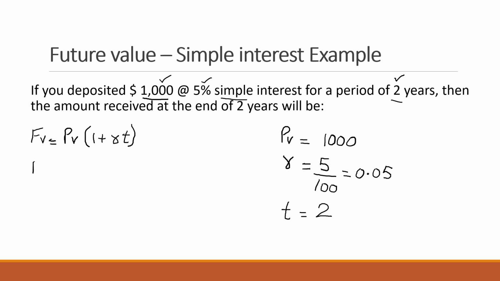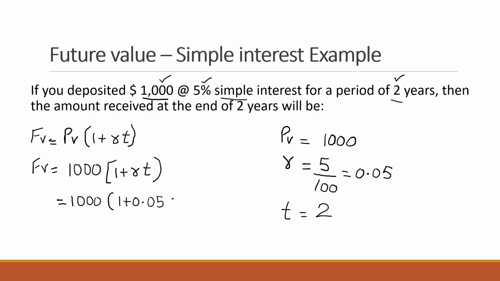So my future value is equal to present value 1000 into bracket 1 plus R into T. RT is nothing but R multiplied by T. So my future value is equal to 1000 into bracket 1 plus 0.05 into 2.